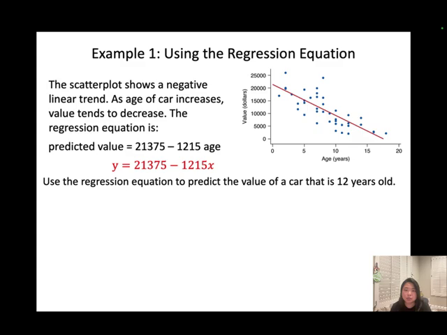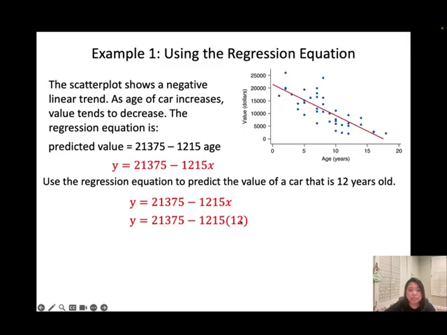That means the age of the car is equal to 12, and I want you to find the dependent variable y. How much is this car now? So we plug in x equals 12. Use your calculator. You should get y equal to $6,795.